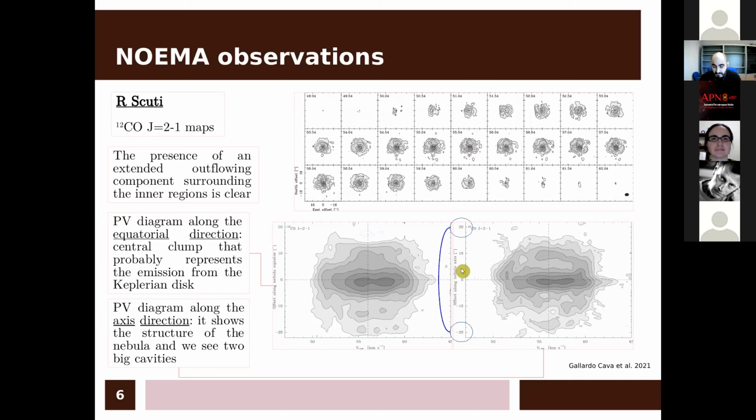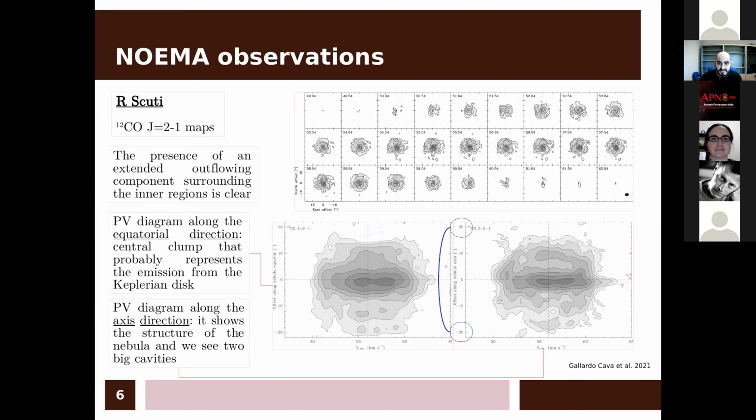But it is more important in this case to pay attention to the PV diagram along the axis direction, because it reveals information about the structure of the nebula. We see that it is 40 arcseconds in size, and it contains two big cavities that are also present in the velocity maps, and that we find in another preplanetary nebula, like Javier showed us before.